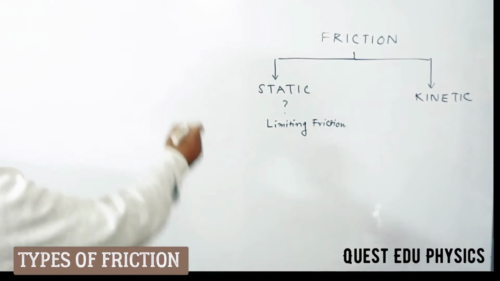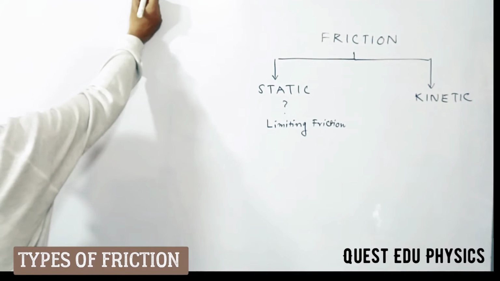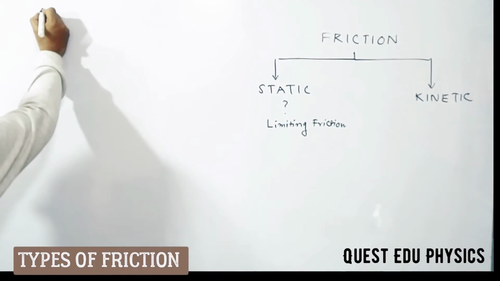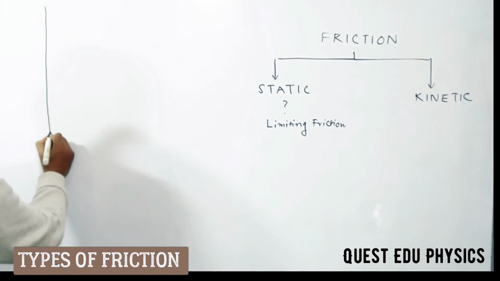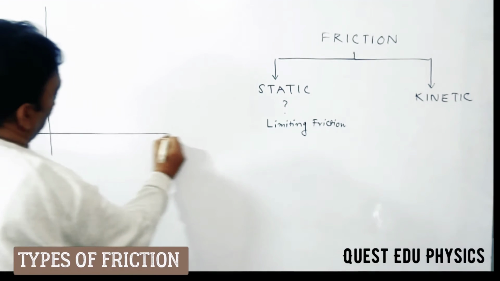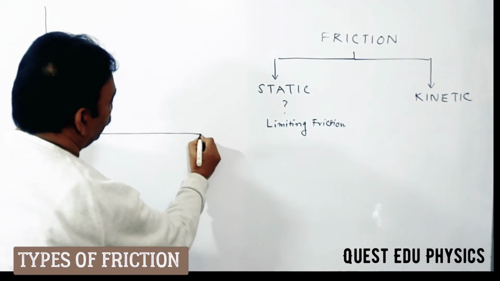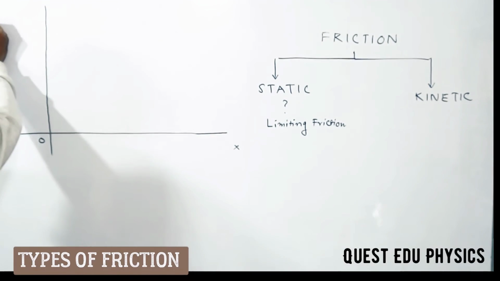We can say it is a force versus frictional force graph. Let's take this graph and study it. Here is the x-axis, which is the origin, and this is the y-axis.